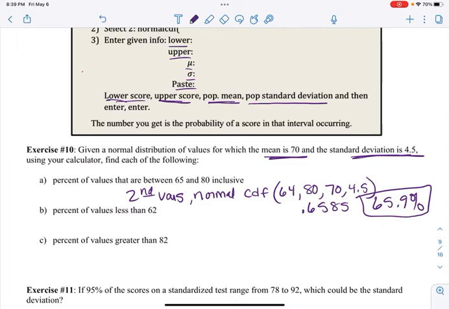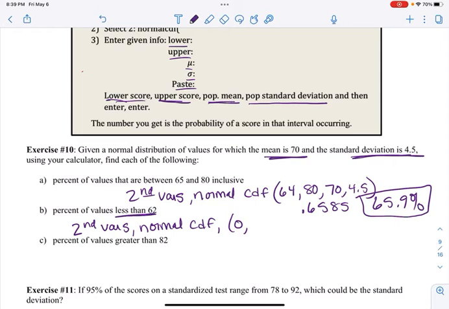Anyway, how does it work if I want the numbers that are less than 62? What's my lowest number? My upper number is 62, but I have to figure out what my lowest number is. So second, VARS, normal CDF, so number 2 is the second thing I'm going to pick. My lower number, since there is no lower number, I'm just going to put 0. Or you could just put a really, really low number, like negative 99999.